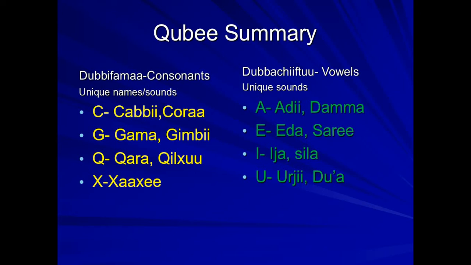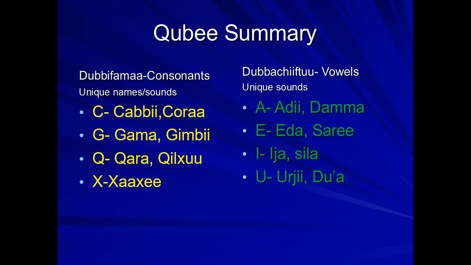In English we have different uses, but in Oromo we always use the same letter for the same sound: A, E, I, O, U. So A, for example, Adi at the beginning, or Dhamma, A in both cases, as in Da, A, Ma, A. That represents the A sound. We always call it A.